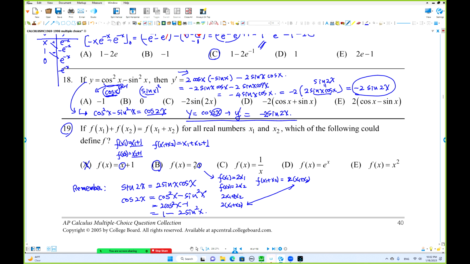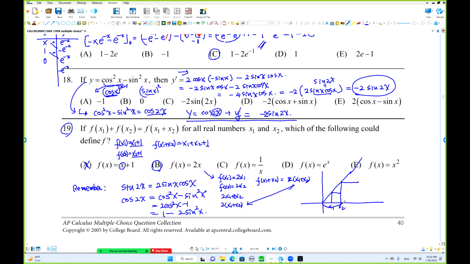When you have 2x, the y-intercept is 0. This is linear, and the y-intercept is 0, so this is already working. Put x1 over here and x2 over here. When you add this one plus this one, it's x1 plus x2 all together.